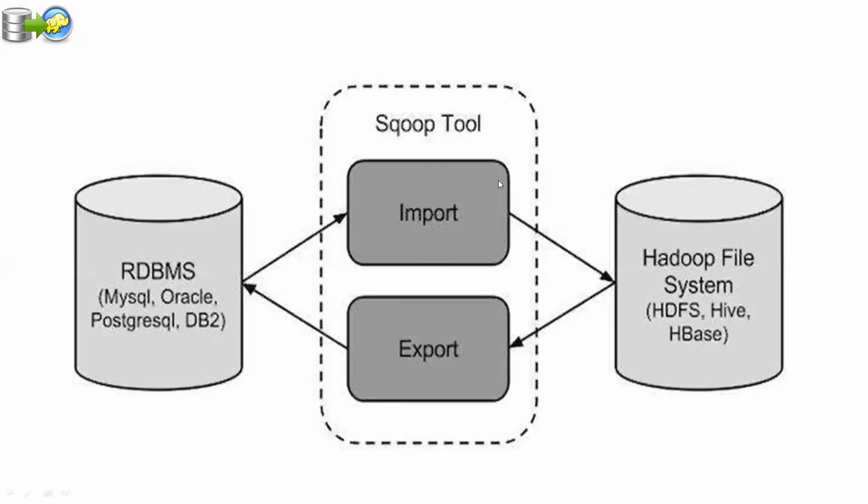If we are going to extract data from an RDBMS to the Hadoop file system, then we call it an import, and Sqoop import is a command of Sqoop. And if we are going to export data from the Hadoop file system to an RDBMS, then we use the Sqoop export.